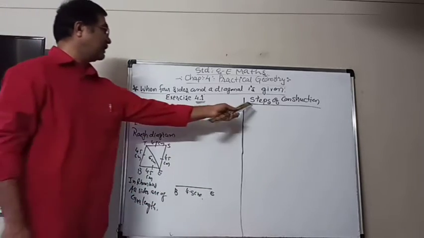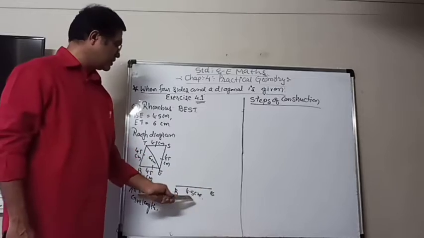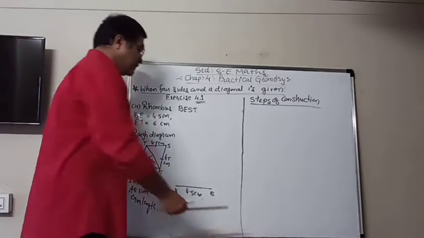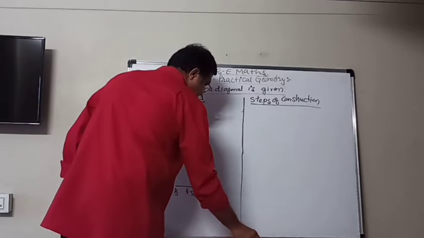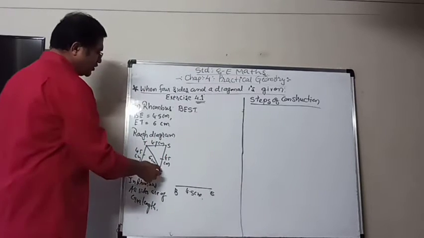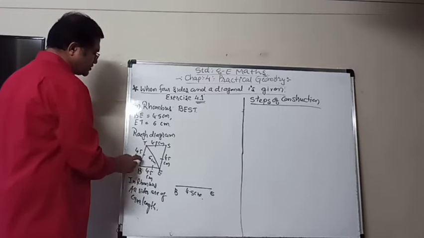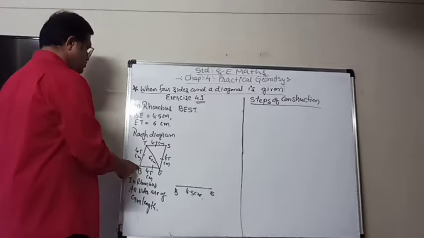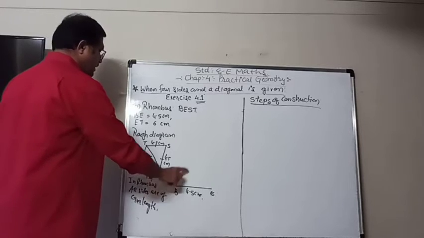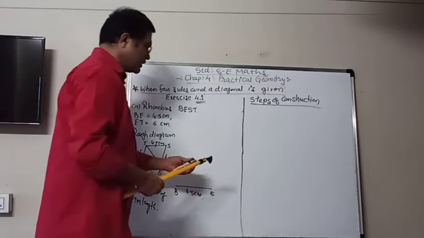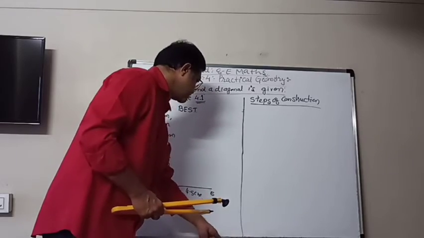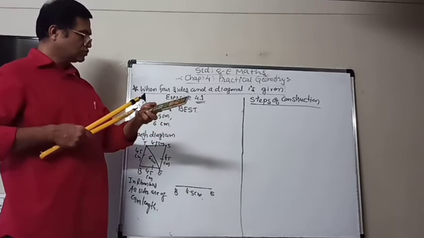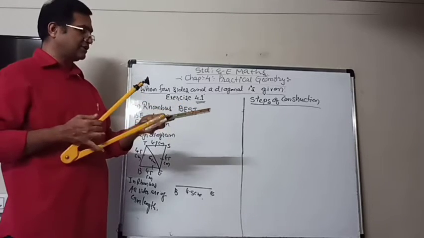So the first step will be to draw a line segment BE of length 4.5 centimeter. Now you can see that one diagonal is given, so we have to take those two measurements, 4.5 centimeter and 6 centimeter. So from B we have to draw an arc of 4.5 centimeter, and 4.5 centimeter is 18 centimeter for me. So I will take 18 centimeter.